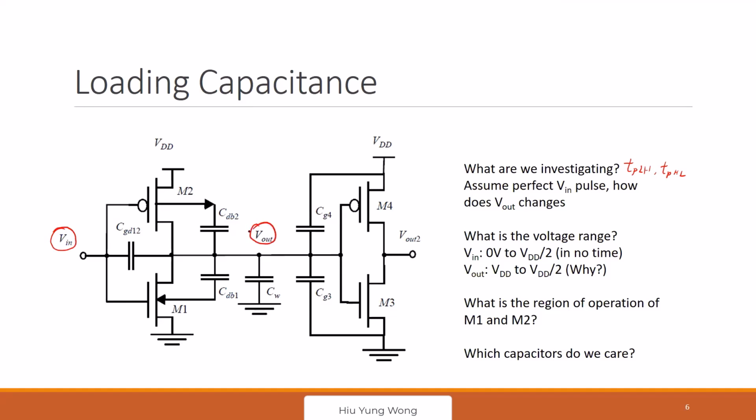So our question is, if my input, let's say, changes from here, Vin, what happens to my output, right? The output is here. It takes some time to go up and then saturate, right? This is Vout. This is the question we're asking.